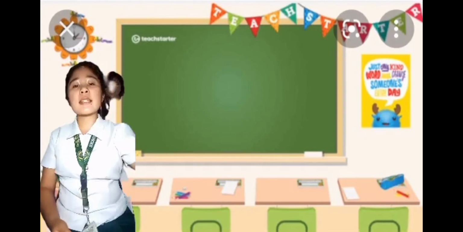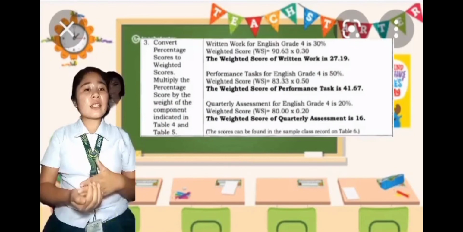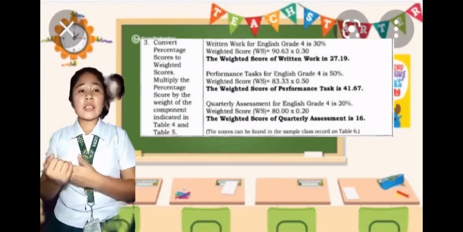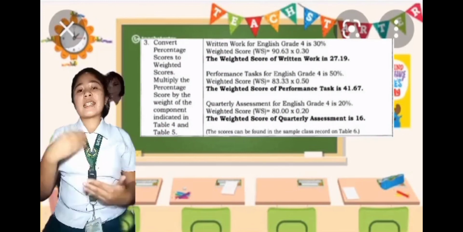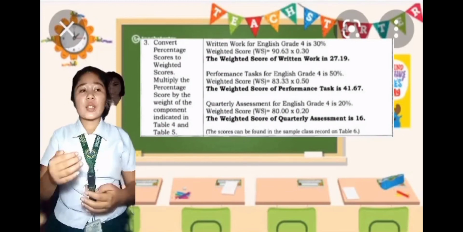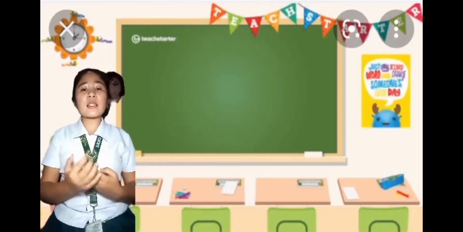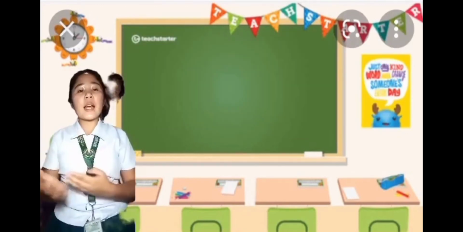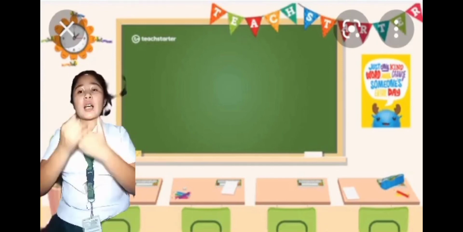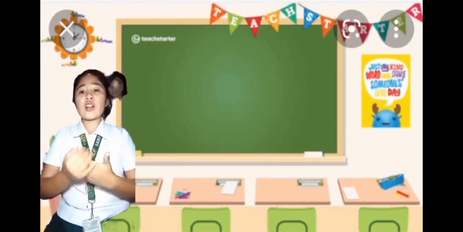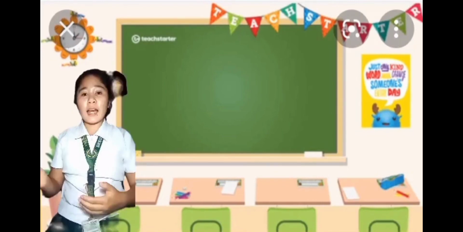And the next step, convert the percentage score to weighted score, multiplying the percentage score by the weight of the component. In the second step, we multiply the percentage score to the weight of the component. For example, the weight of the component of written works is 30%, shown in the table.